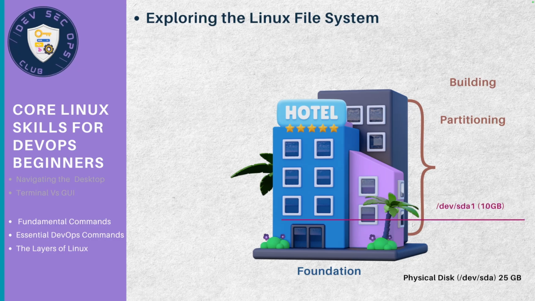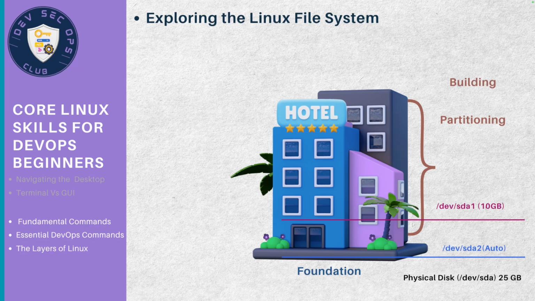Once this is there, we decided on four partitions. Then we did the same process, we provided the size, right? So here /dev/sda1, we set the mount point. Okay, I will come to the mount point as well. So here, first we said on this floor we decided to go with 10 GB.